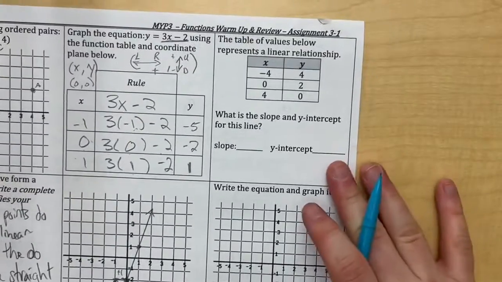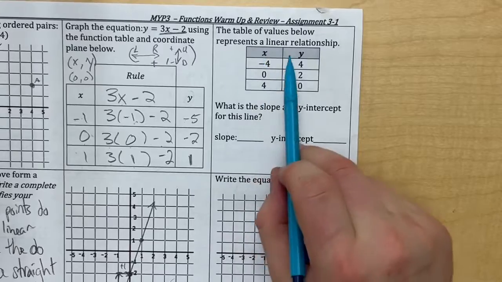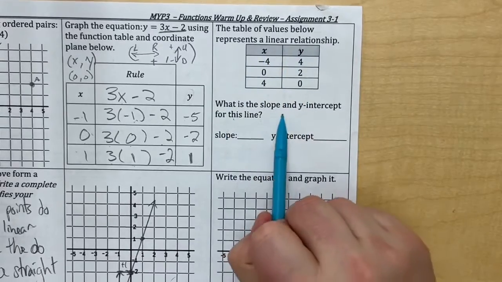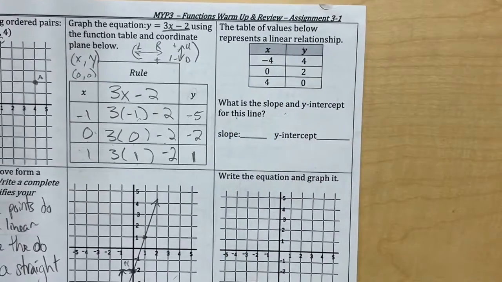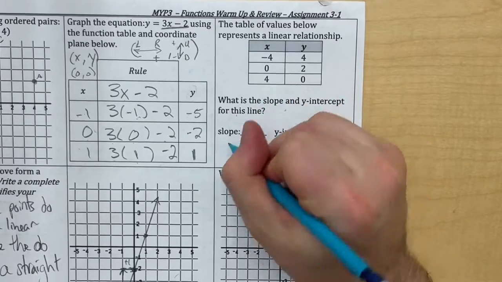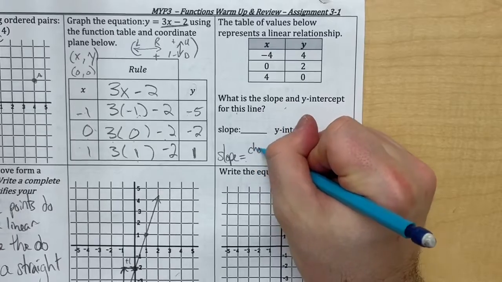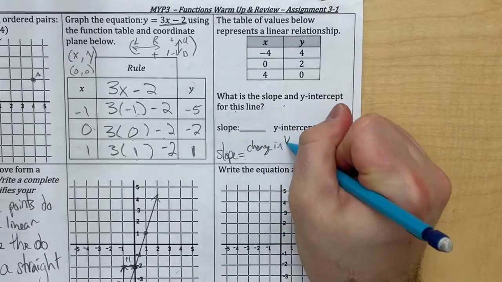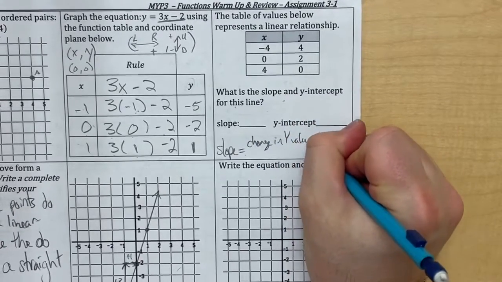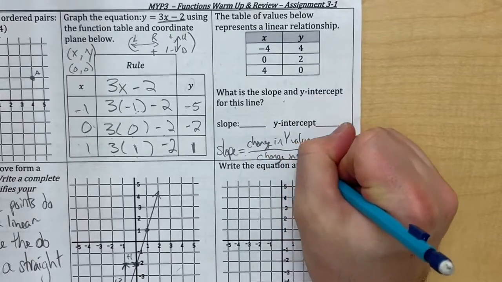All right, moving on to that top right one, it says the table of values below represents a linear relationship. What is the slope and y-intercept for this line? So remember what these are saying. Slope is always going to be the change in y values divided by the change in x values.